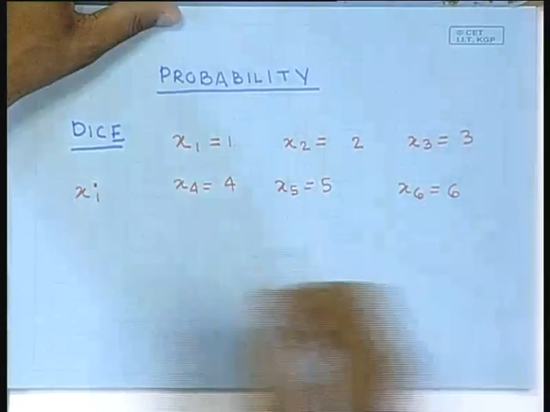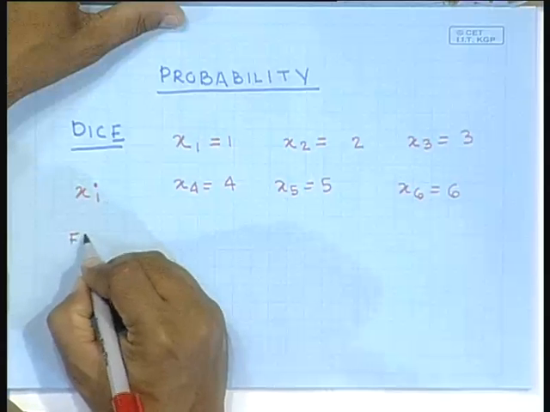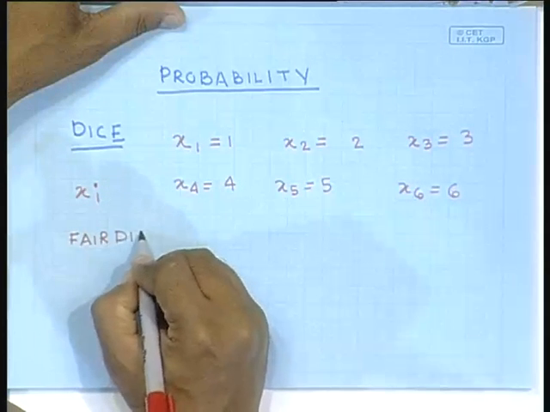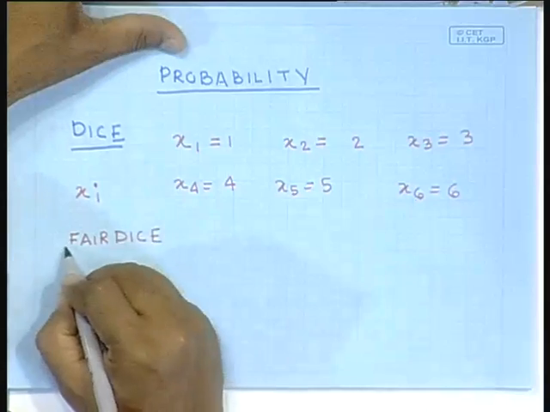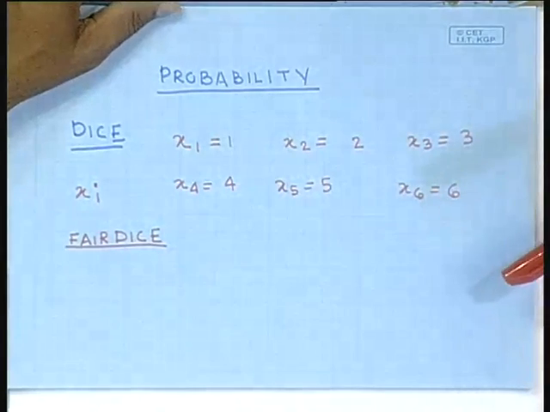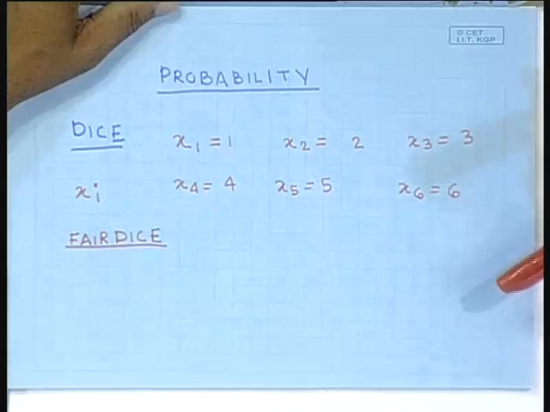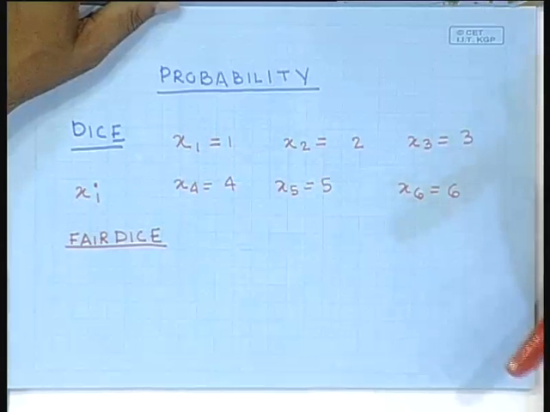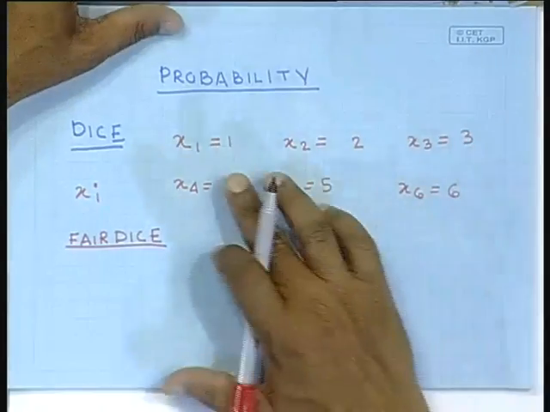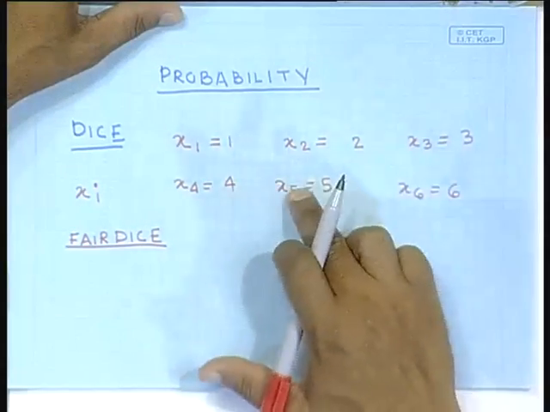Now, if you have a fair dice, then the chance of getting any one of these values is exactly the same, and you can calculate, you can measure the probability. So, you can ask the question, what is the probability that I will get any one of these values?